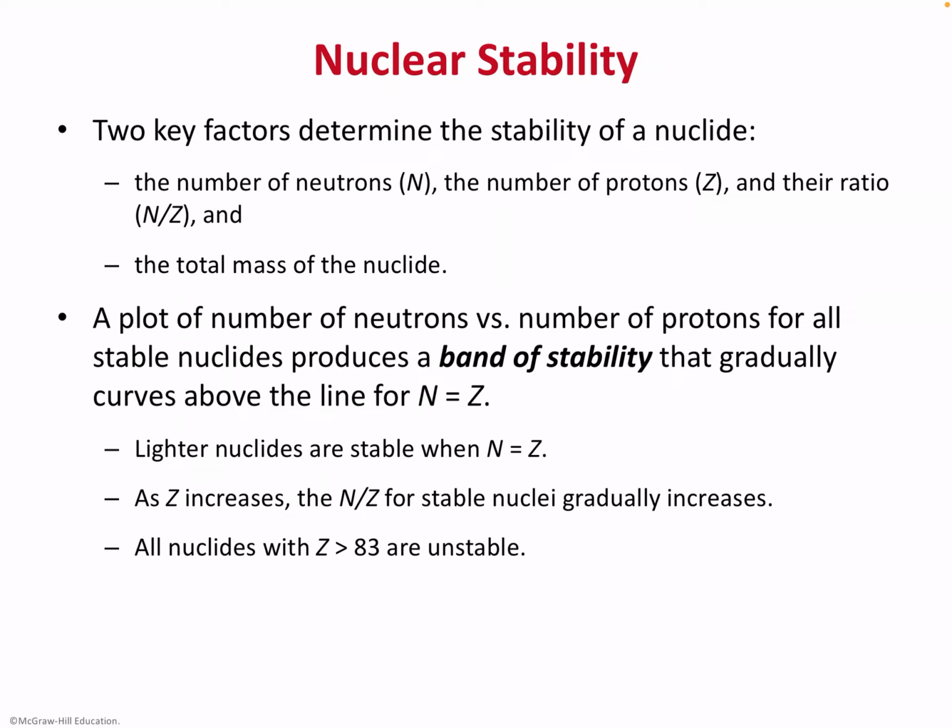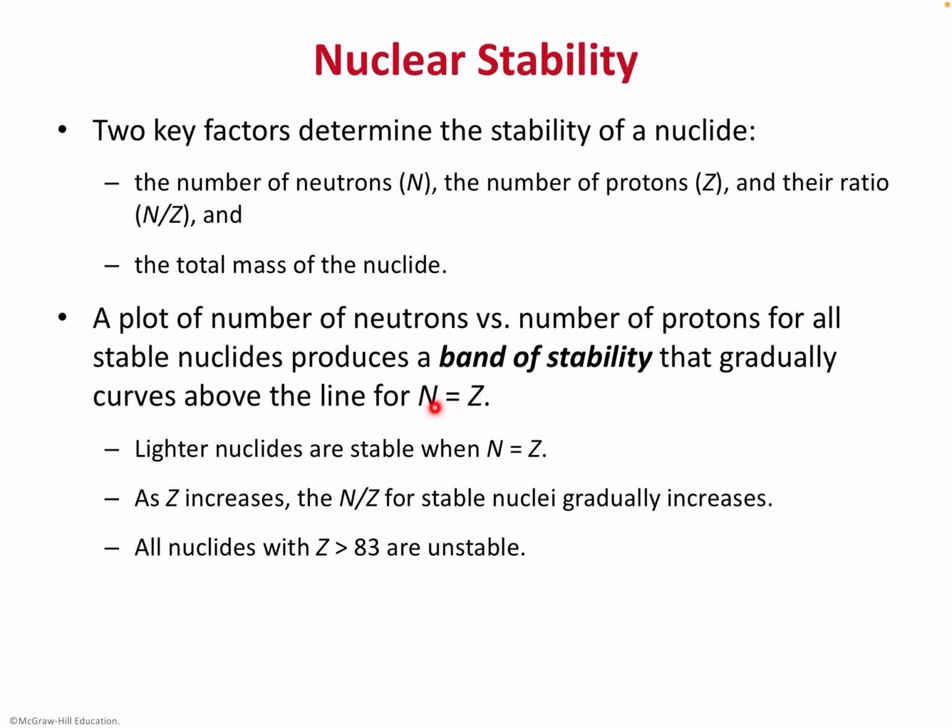A plot of number of neutrons versus number of protons for all stable nuclides produces a band of stability, which is in the next slide, that gradually curves above the line for N equals Z. What are N and Z here?